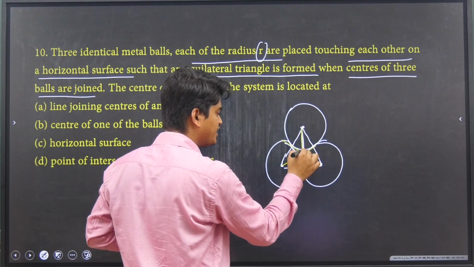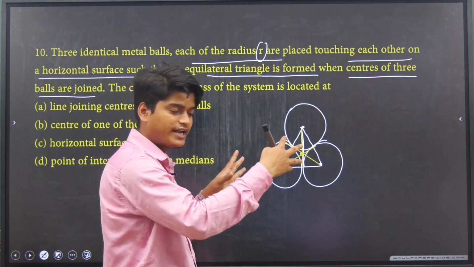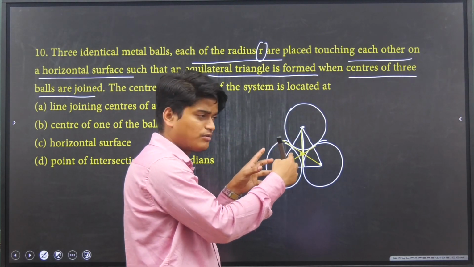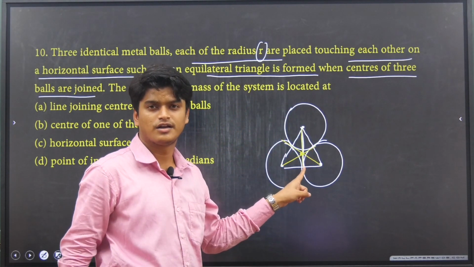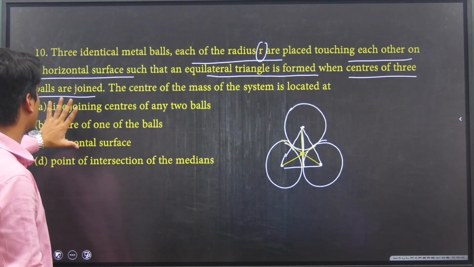The intersection point of the three medians is where the net center of mass will be concentrated. Just remember this idea, and accordingly you solve language questions.